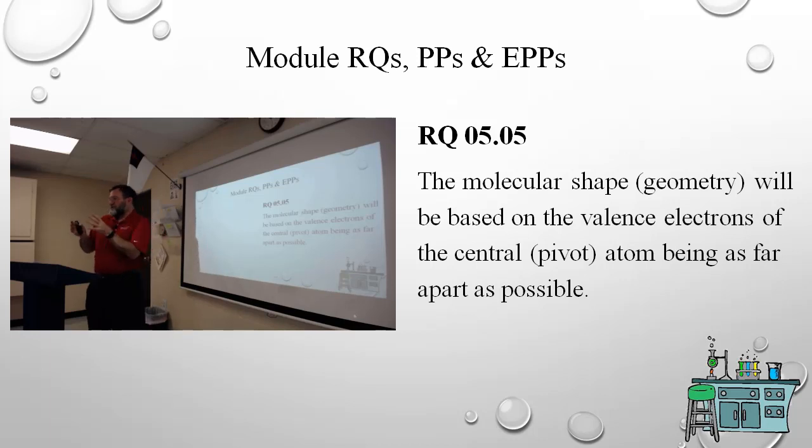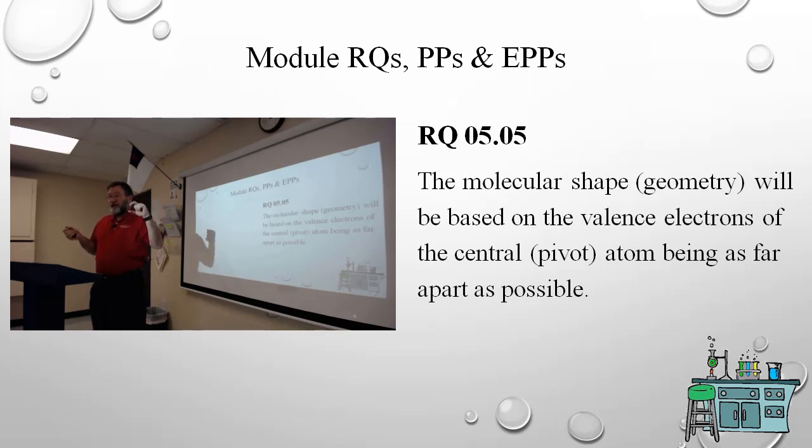They're going to be in pairs, whether that's a bond. A single bond, double bond, triple bond still has the same Vesper value in terms of geometries. Bonded pairs and unbonded pairs want to be as far apart as possible, and they go to a place of equilibrium where their forces balance out.